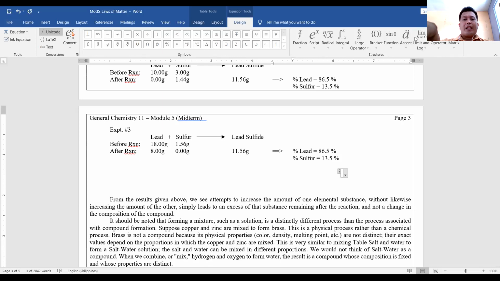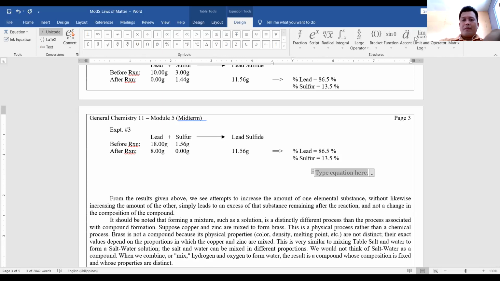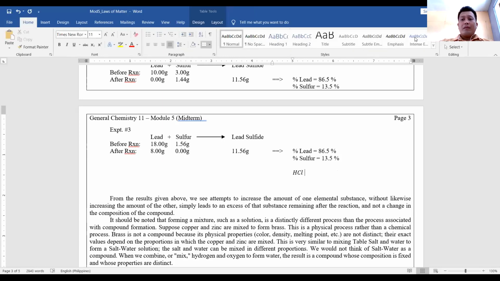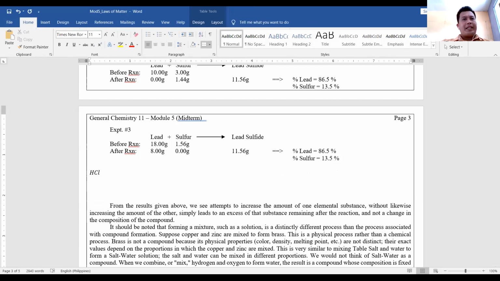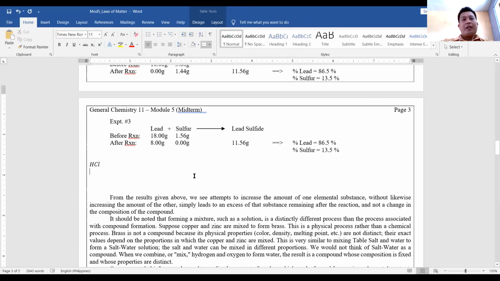HCl. This is the molecular formula. So the molecular formula HCl of muriatic acid has one atom of hydrogen and one atom of chlorine.